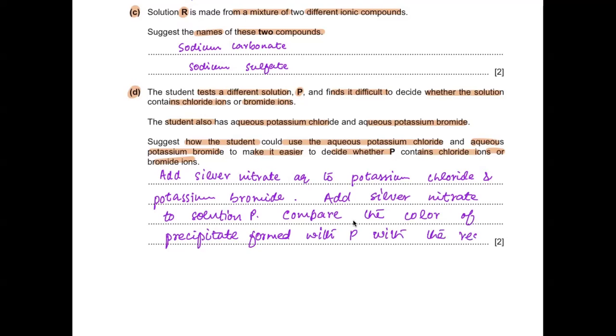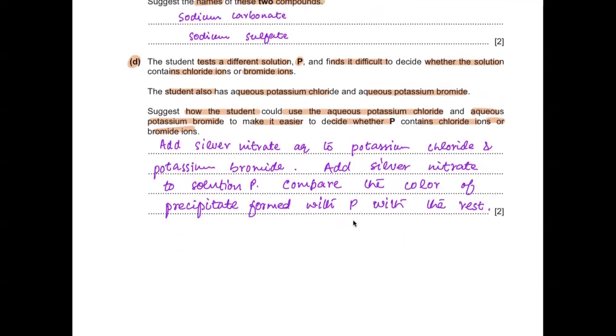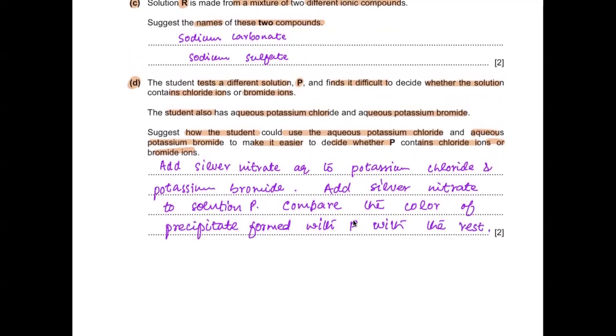So the precipitate of P either matches the potassium chloride or the potassium bromide. That's how we can figure out whether it's a bromide or a chloride. Is this clear to all of you? Yes, sir.